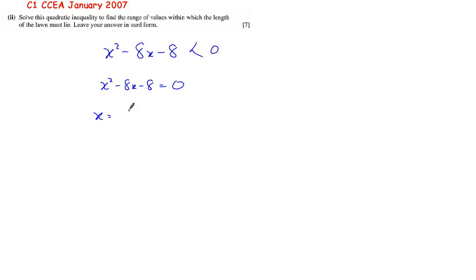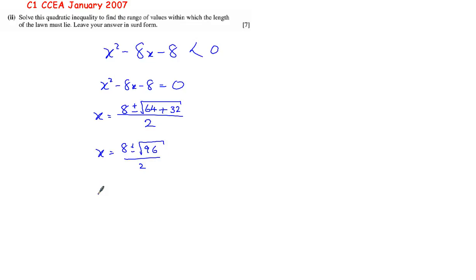And I'm going to write that using our quadratic formula. So x equals minus b plus or minus the square root of b squared, which is minus 8 all squared, which is 64, minus 4 times 1 times minus 8, so that's plus 32. And we're all dividing that by 2a. So x is equal to 8 plus or minus the square root of 96, all divided by 2.